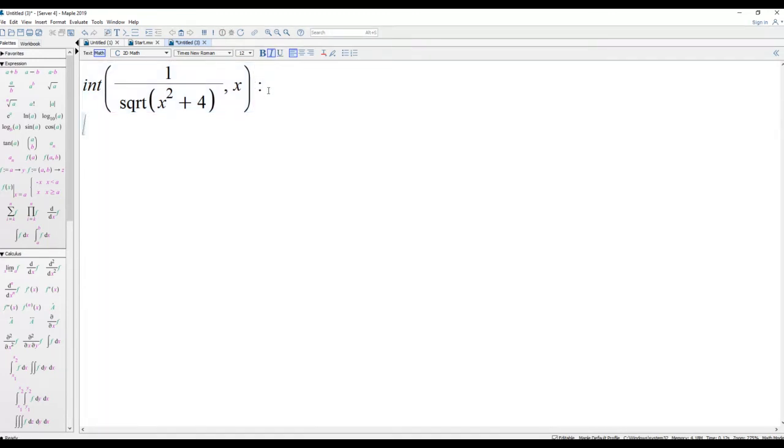Now, notice in Maple that they use arcsinh. When they talk about arc something, they're talking about the inverse one.